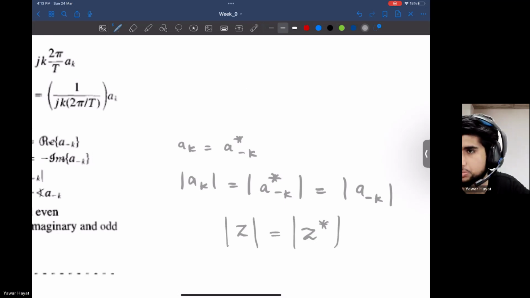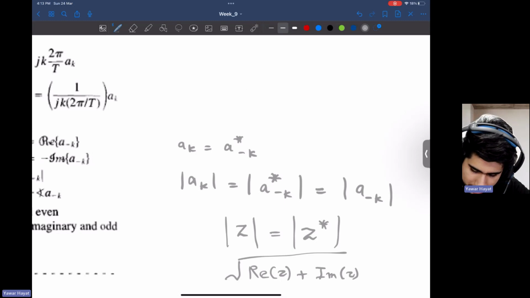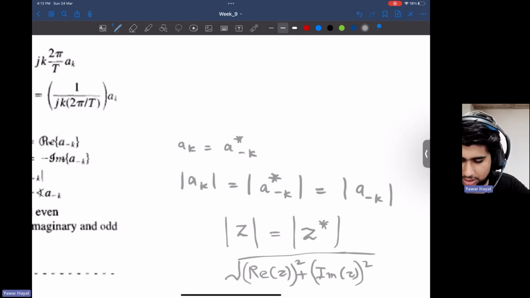Modulus by definition is the square root of the real part of Z squared plus the imaginary part of Z squared. Although if the imaginary part of Z is positive, its conjugate's imaginary part would be negative, since the imaginary part is squared, they both are equal.